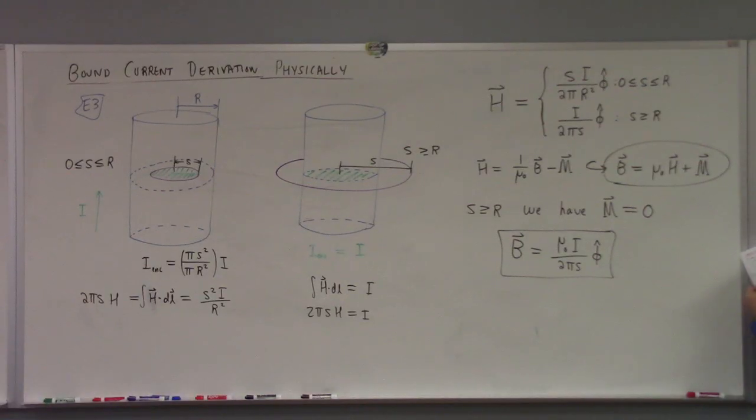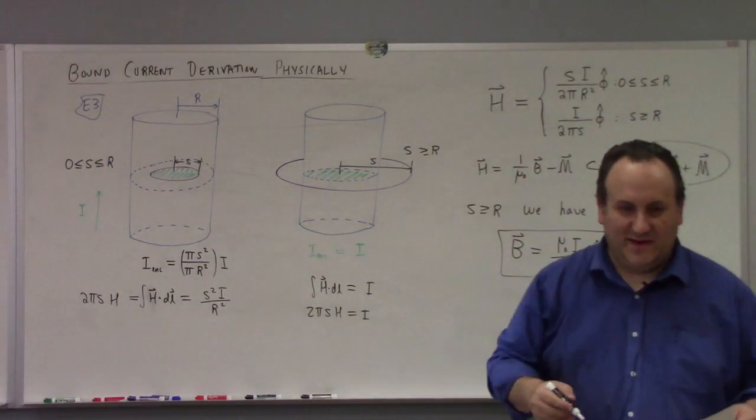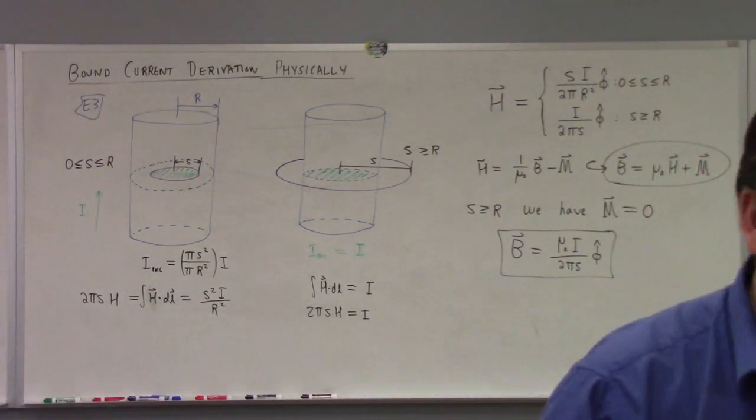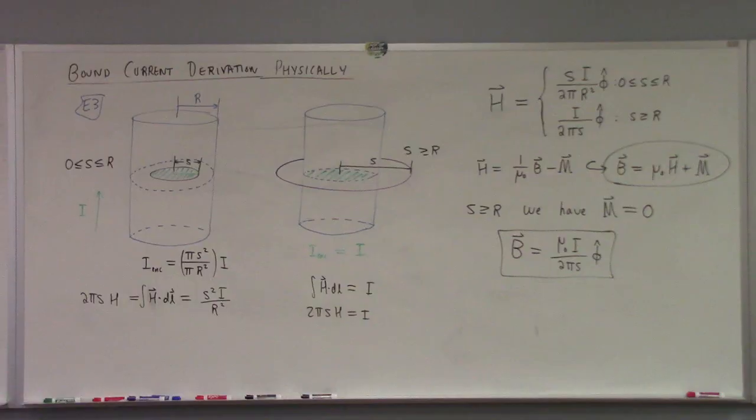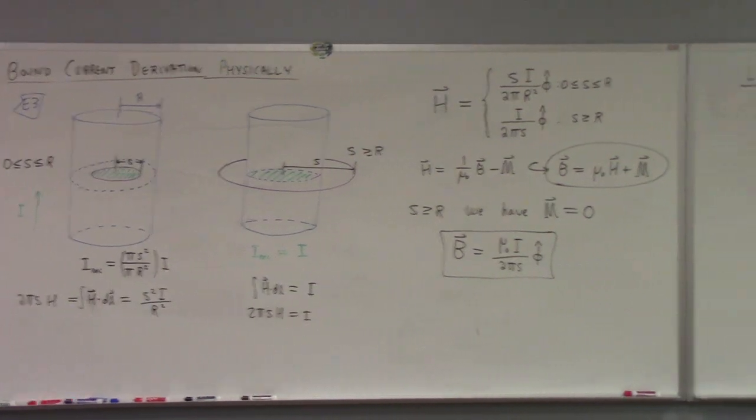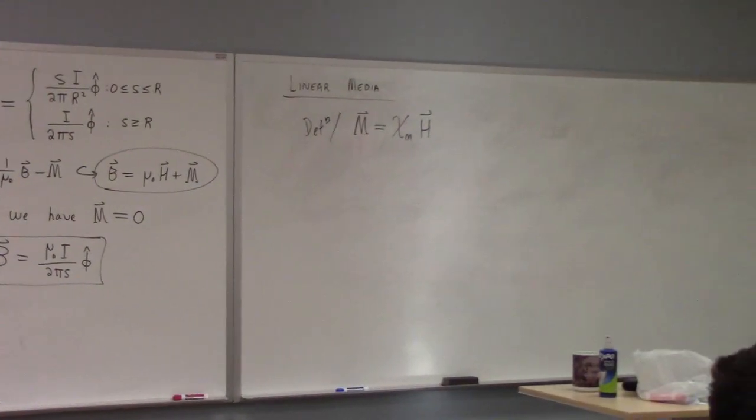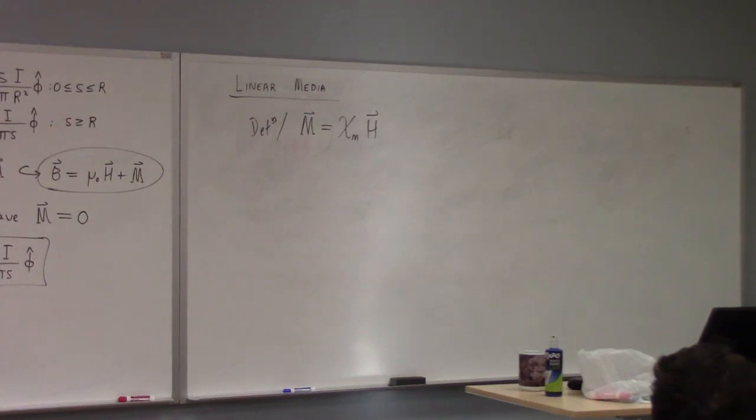Magnetization is equal to the magnetic susceptibility, chi-m, times the auxiliary field, H. You might have expected me to put a B there, right? That's more or less what Griffiths does. But no, it's H. That just reflects the fact that the people who invented this stuff thought of H as primary.